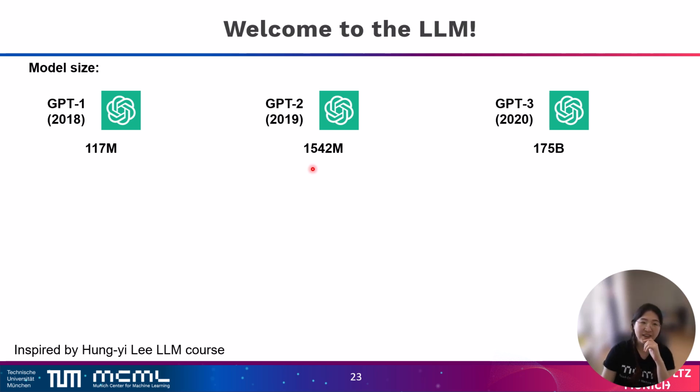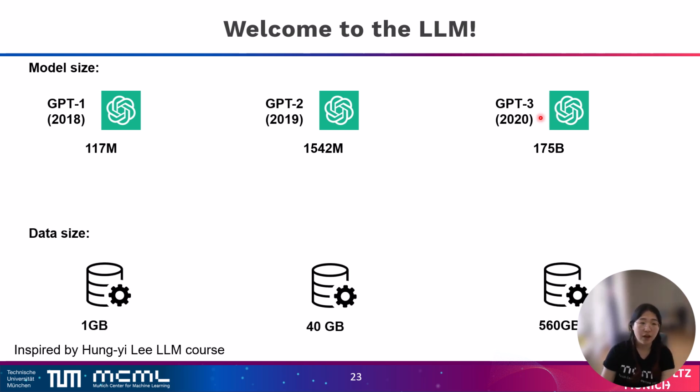So now let's have a little look at the evolution of GPT. We can see that at the beginning, in 2018, the model size was just 170 million. But in 2022, the model size was already 175 billion. And this is related to the data they train on.